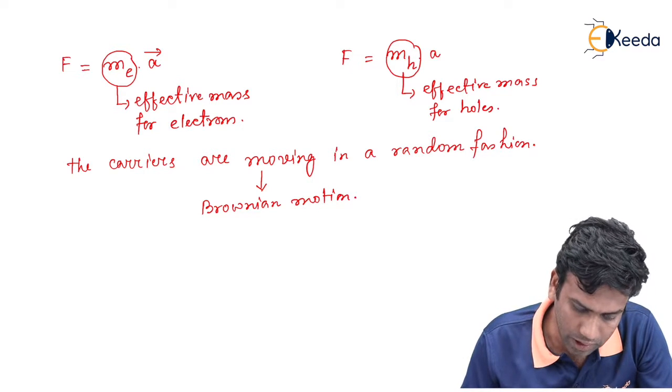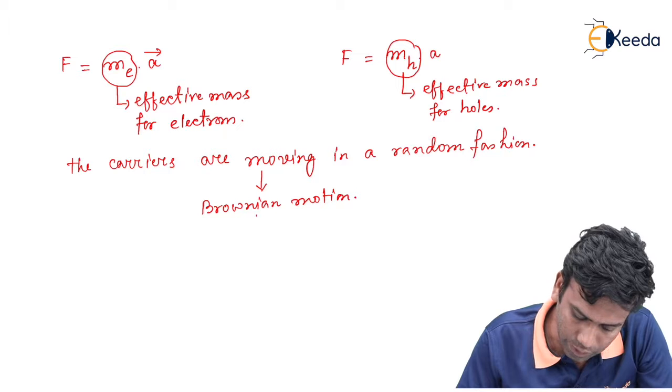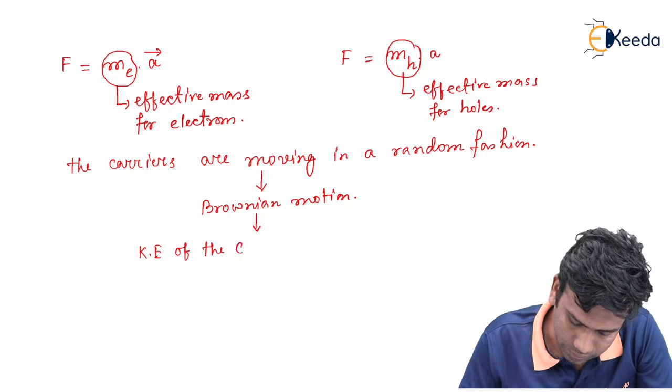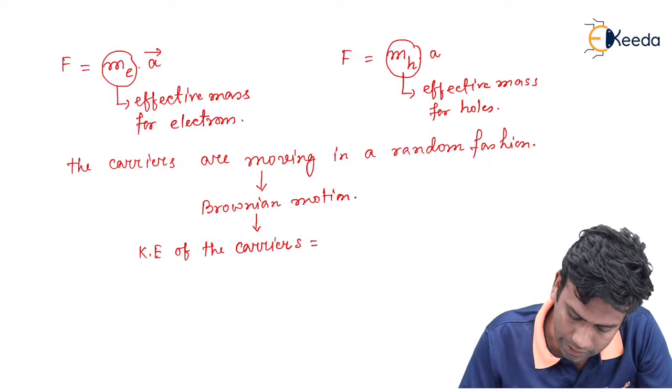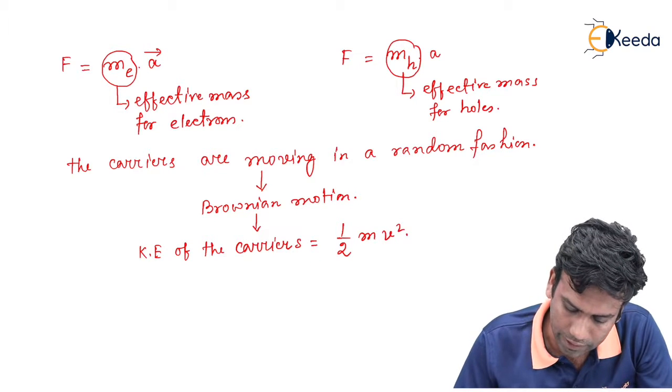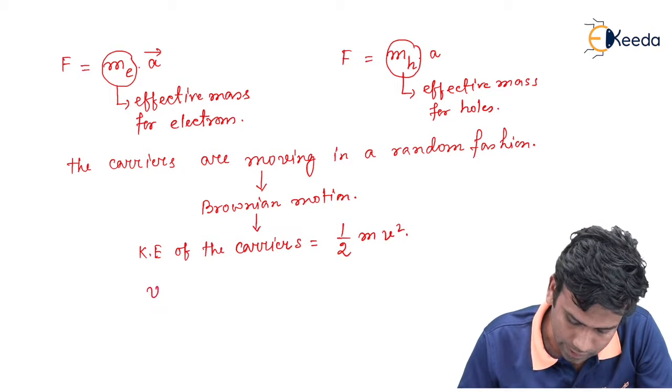So we can say that the carriers will have some kinetic energy. The kinetic energy of the carrier can be written as half m v square, where v is the velocity of the carriers.